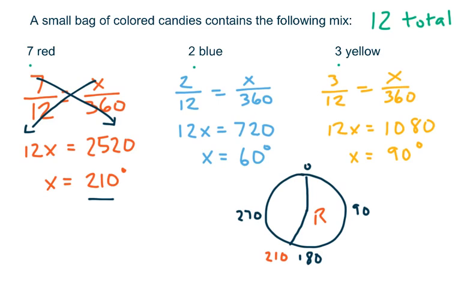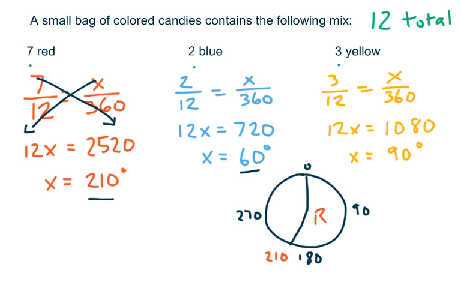Now when I go to do the blue part, I could say, well, blue gets 60 degrees, and 60 degrees would be about right here. But wait a minute, I don't want to draw a line right there to 60 degrees. That part of the pie chart has already been given away. That part of the pie chart represents red. So I don't want to draw my blue portion right there.